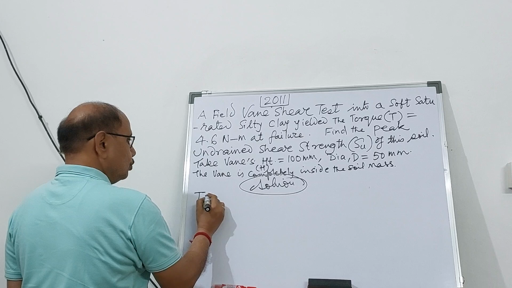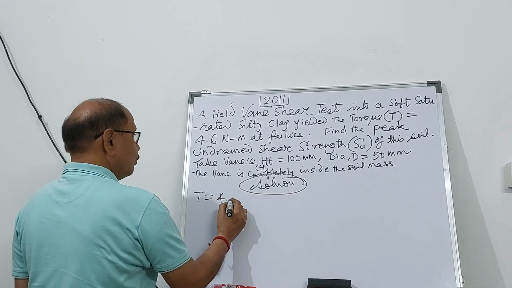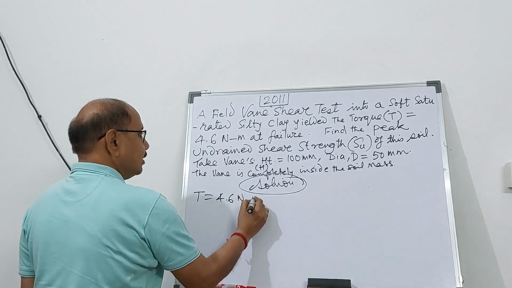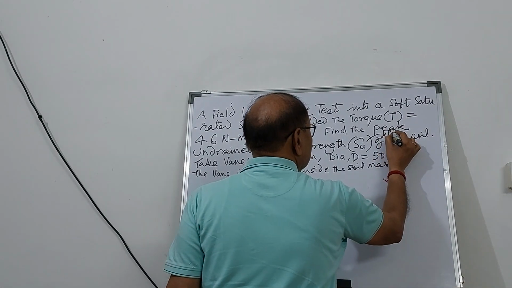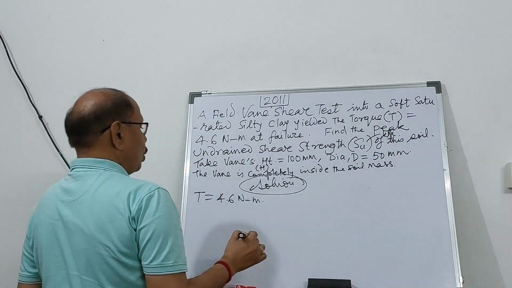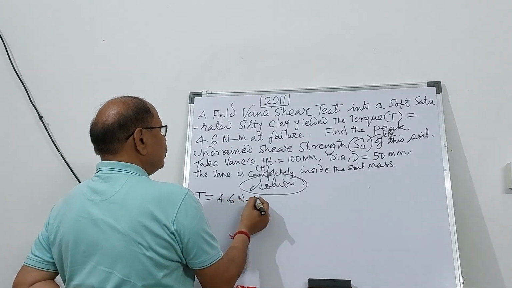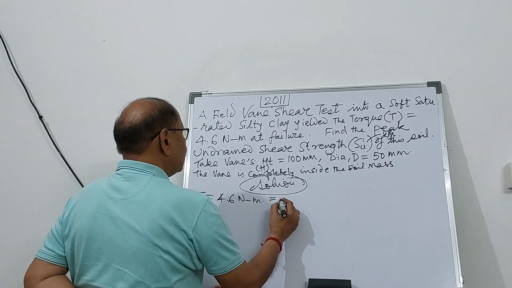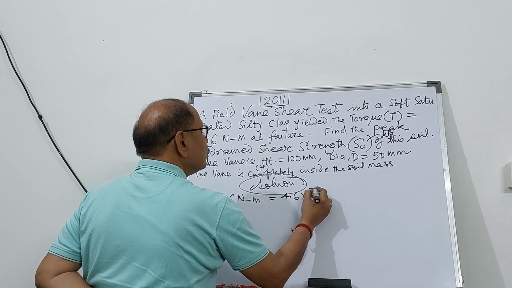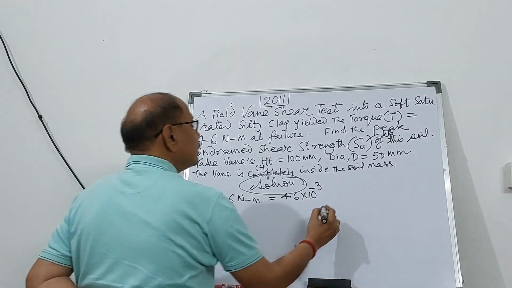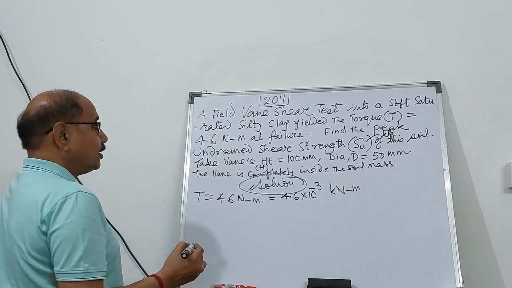Torque T is given to you. So this is 4.6 Newton meter. The shear strength is required in kilopascal in this problem. So convert it into kilonewton meter. So it will be 4.6 into 10 raised to minus 3 kilonewton meter. So torque T is known to you.